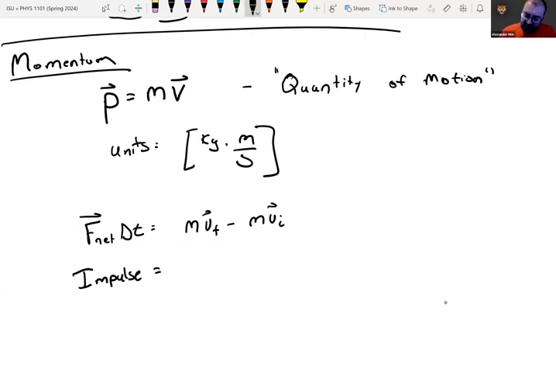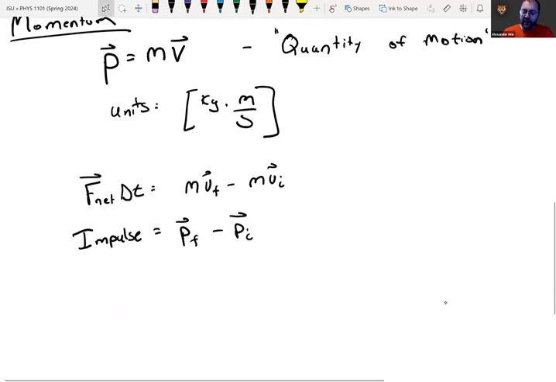And then what you have is your final momentum minus your initial momentum. What this is saying is that impulse is equal to delta p. When you have something final minus something initial, that is just the change in that thing. So impulse is equal to change in momentum.